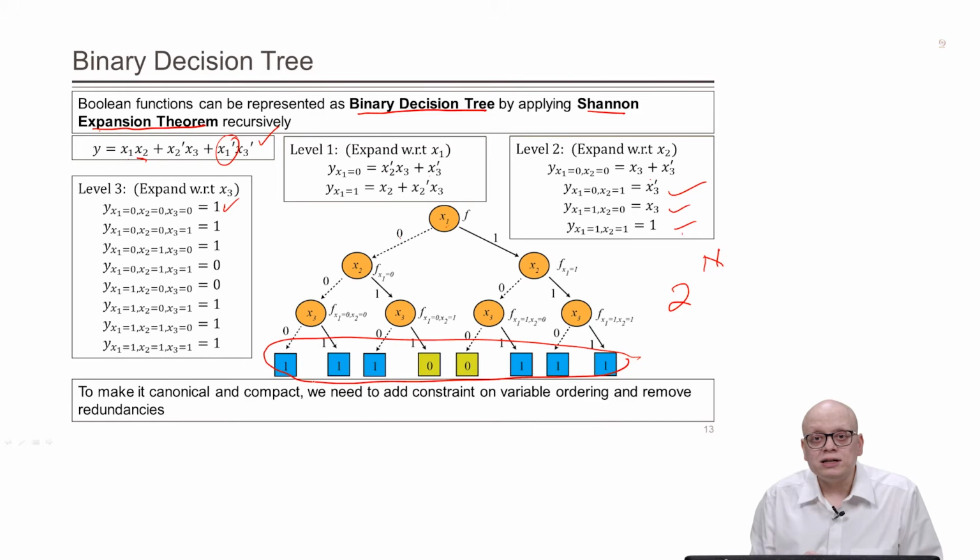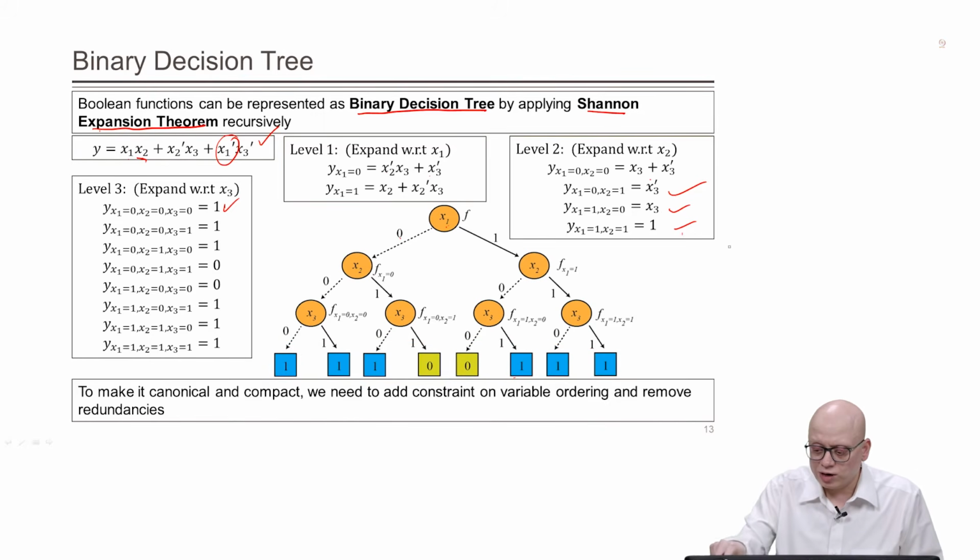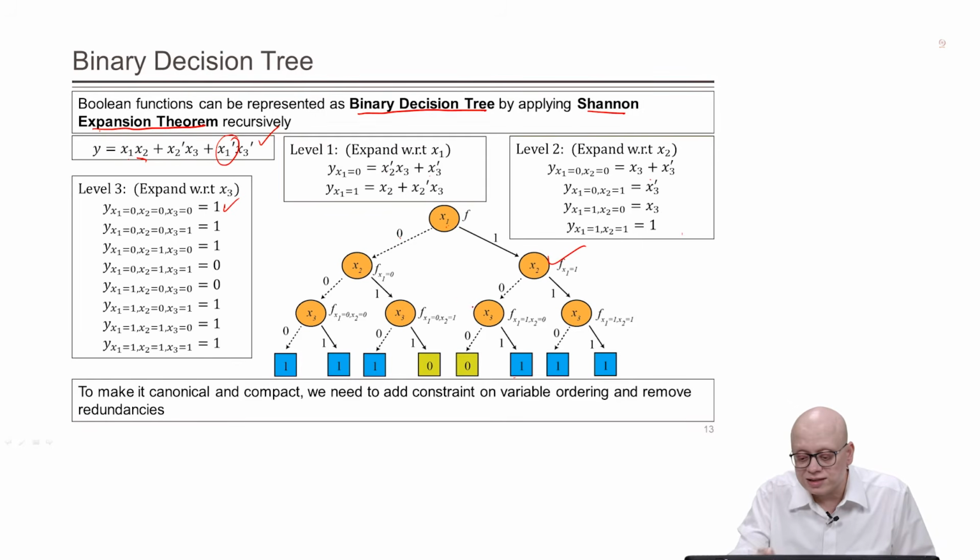Now, is it canonical? It may not be canonical if we choose different variables while expanding. For example, if we leave the freedom to choose any variable at any time while doing Shannon expansion, then it may not be canonical.